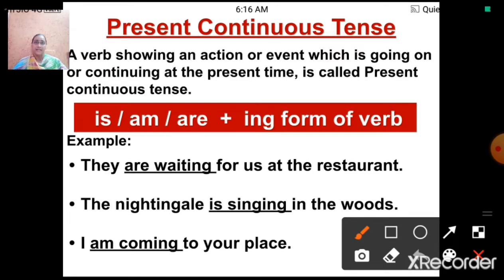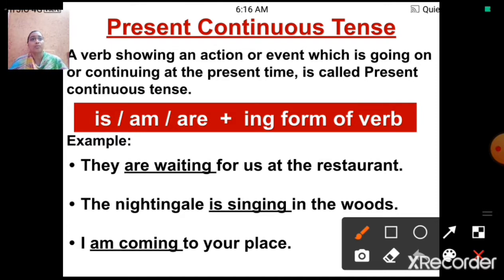Now, let us understand present continuous tense. A verb showing an action or event which is going on or continuing at the present time is called present continuous tense. In a simple way, present continuous tense is used to describe an action that is happening.